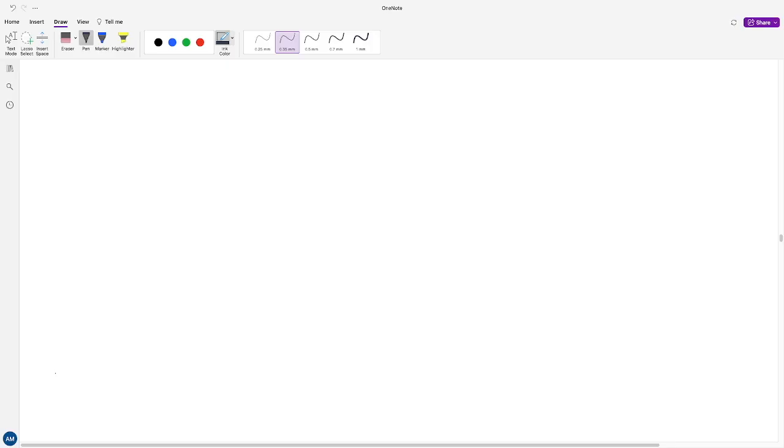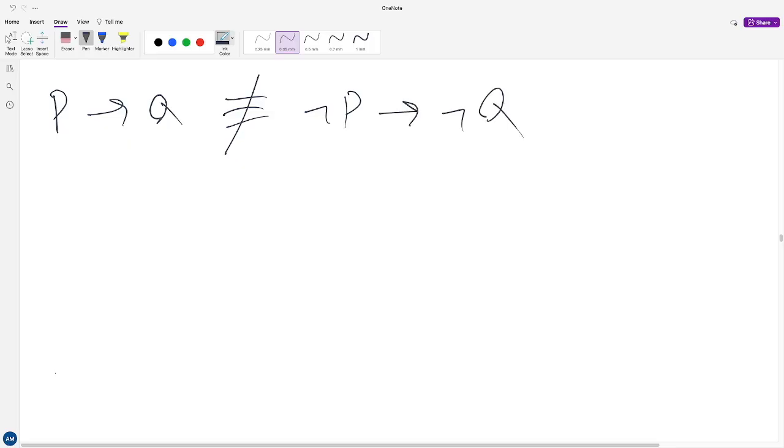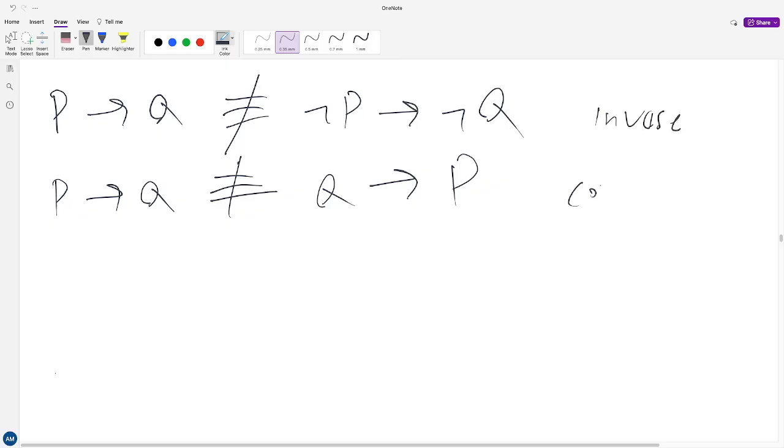We also have the inverse and the converse. Note that P implies Q is not equivalent to not P implies not Q. We do not have this. And P implies Q is also not equivalent to Q implies P. So this is called the inverse, and this is called the converse.